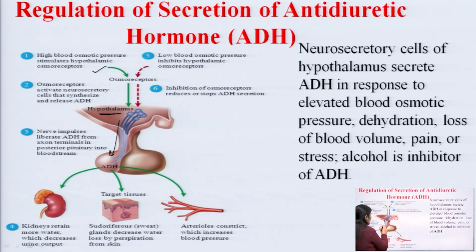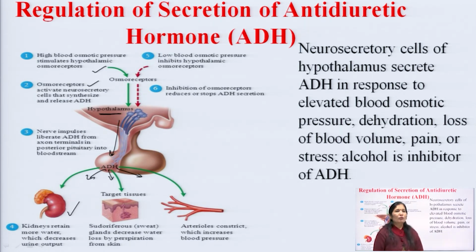The hypothalamus will release the antidiuretic hormone in response to activation of osmoreceptors when there is high osmotic pressure or dehydration. So, this antidiuretic hormone will be released from the posterior pituitary and it will conserve the water. Kidneys will retain more water and thus it will decrease urine output.